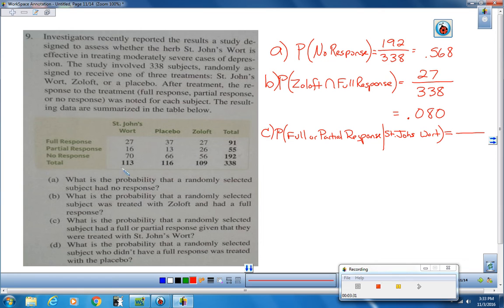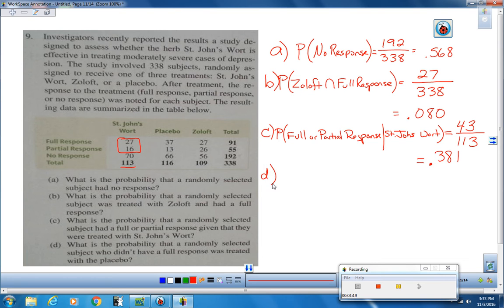So my sample space is reduced to these 113 people. So that's what becomes my denominator, 113 people. My numerator is everybody that had a full or partial response. So full or partial response. So I'm going to add these 2 numbers, 27 plus 16, which is 43. And I'm going to reduce that. 43 divided by 113. And as a decimal, I get 0.381. It's actually 0.3805, but I rounded up.